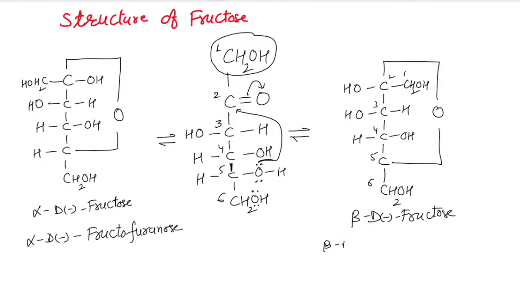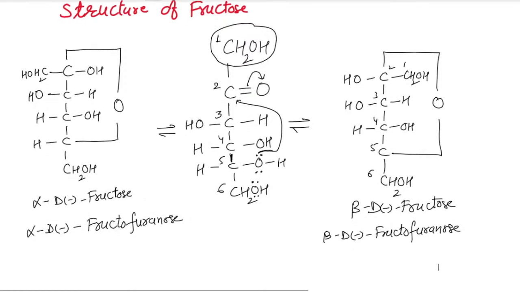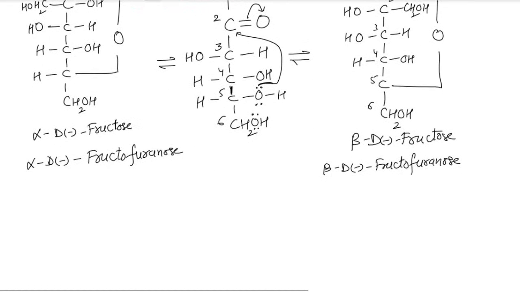This is called beta D negative fructofuranose. Okay. So we can draw its structure. So this is the open chain form, and these are closed ones. Okay.